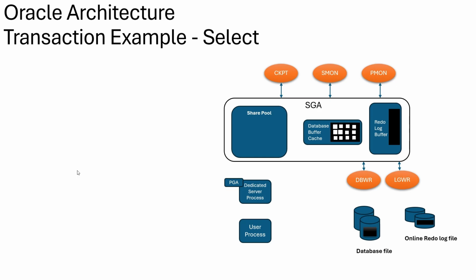We'll explain step by step. So a query is submitted by the client. That query is SQL select star from employees. This is the SQL query that has been fired by the client.